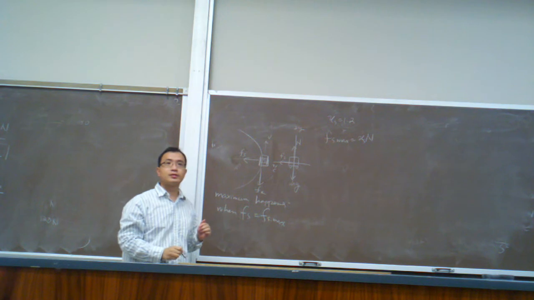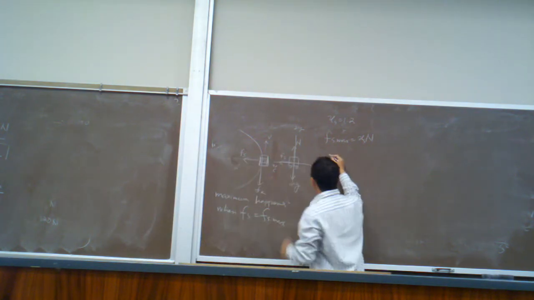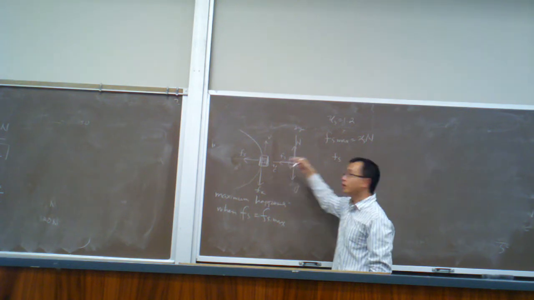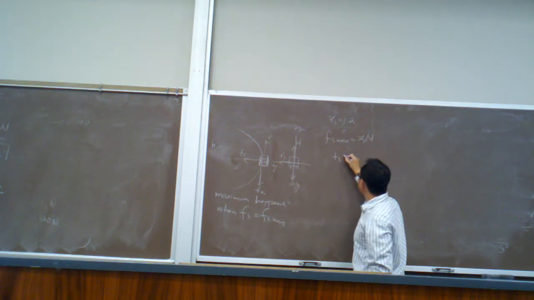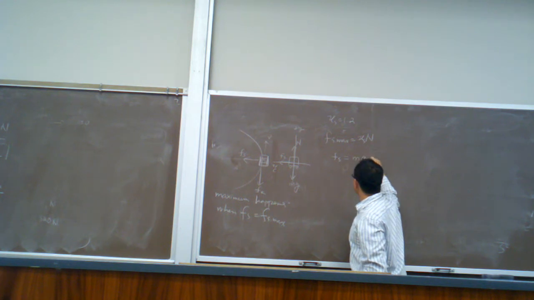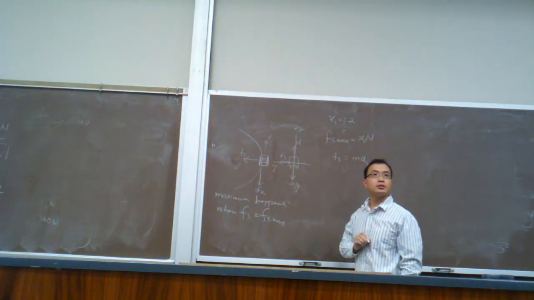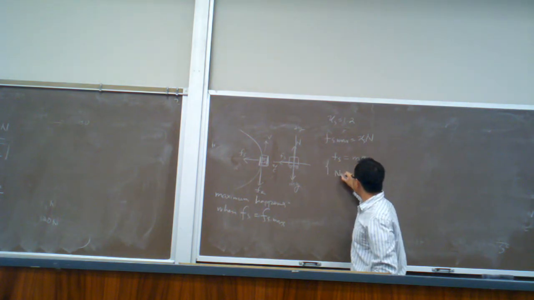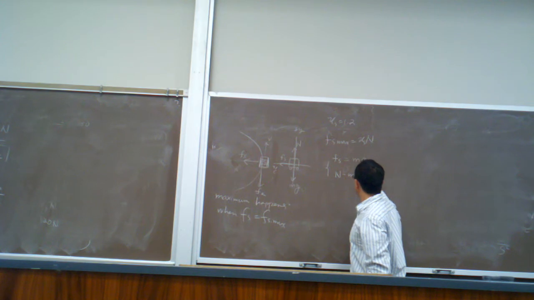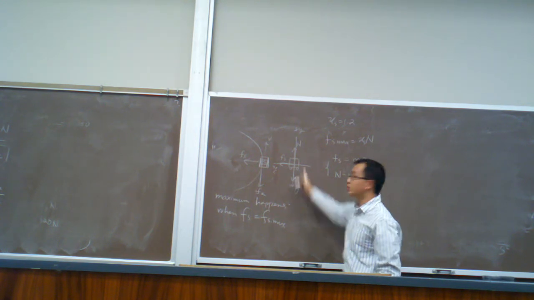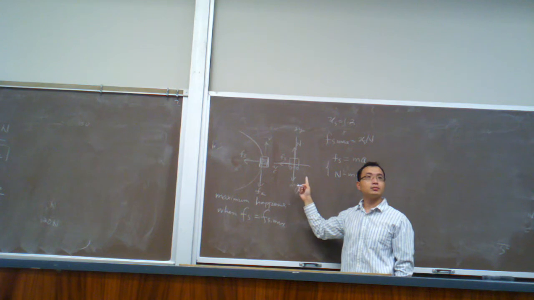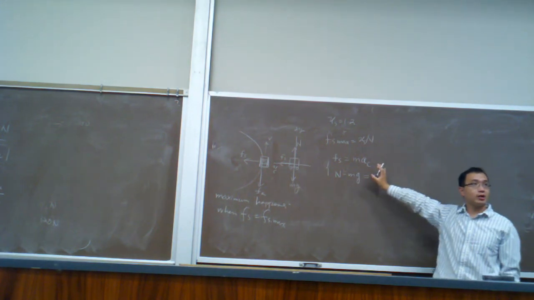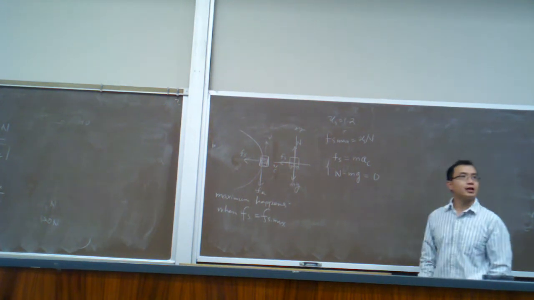Along the x direction, Fs is the only force, and it makes m a_c. Along the y direction, N minus mg equals 0, because the acceleration along this direction equals 0. Here I skipped a few steps, but I think we should be comfortable with that. We already solved a lot of problems like that.